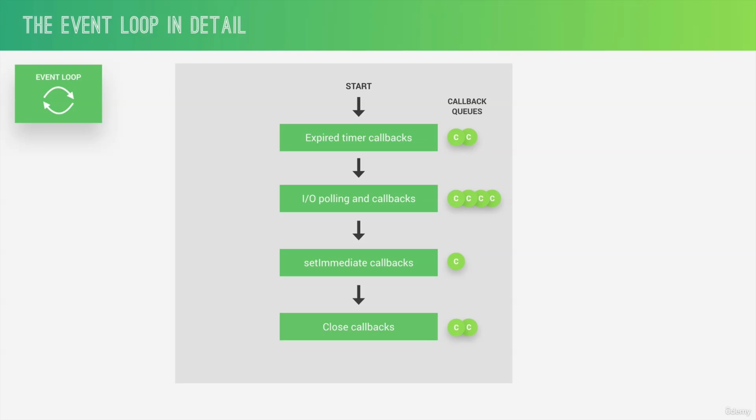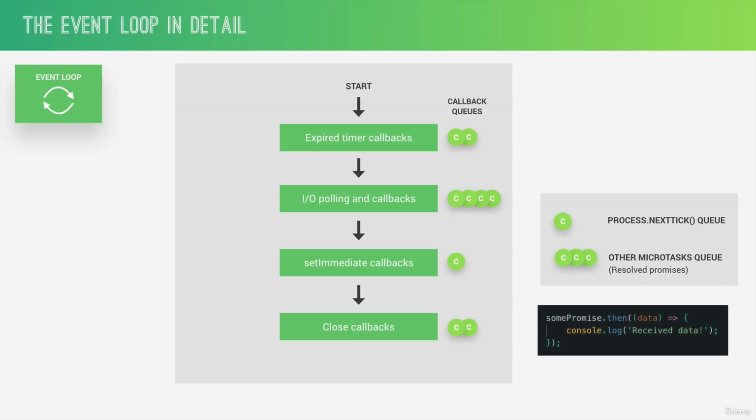So these are the 4 phases in the event loop, but besides these 4 callback queues that we just saw, there are actually also 2 other queues. The next tick queue and the other microtasks queue, which is mainly for resolved promises. If you're not familiar with promises, we will talk about them a bit in a later section. Anyway, if there are any callbacks in one of these 2 queues to be processed, they will be executed right after the current phase of the event loop finishes, instead of waiting for the entire loop to finish.